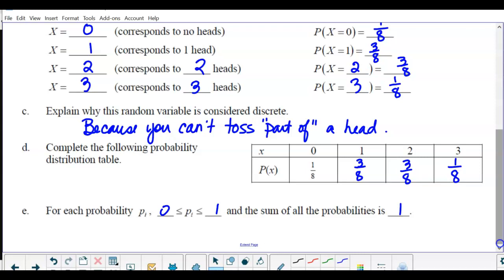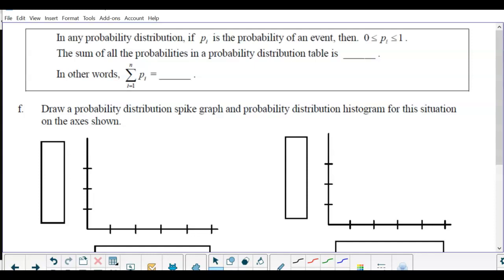So you can then use summation notation to show total probability. In any probability distribution, if P1 is the probability of an event, then it's between 0 and 1. The sum of all the probabilities is 1. So really, we can use summation notation. We've already learned that. Hey, are you following?